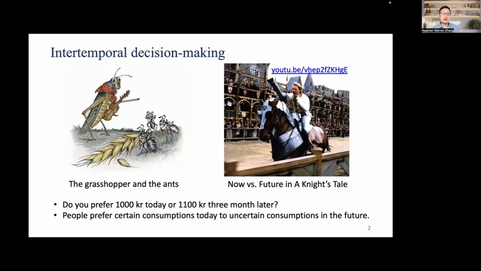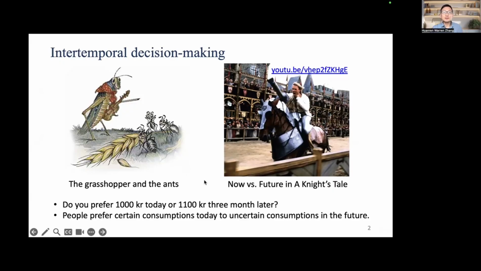The ant always plans for the future, even though it seems that they are stupid because they spend all the time working without enjoying life. But when the hardship comes during the winter, they can survive. So that's one example of how you make decisions to allocate resources across time.